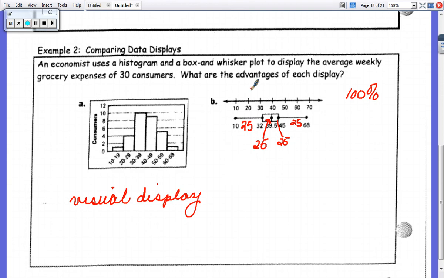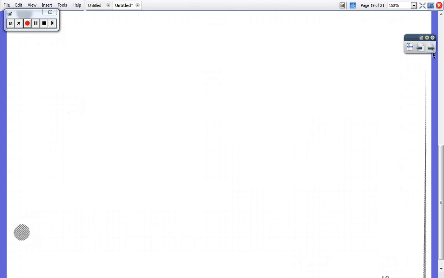So a box and whisker plot divides the information into 4 groups. And it's easy to see the upper 50%, like 50% of the weekly shoppers spend $39.50 or more. Okay, we have one more example to look at.